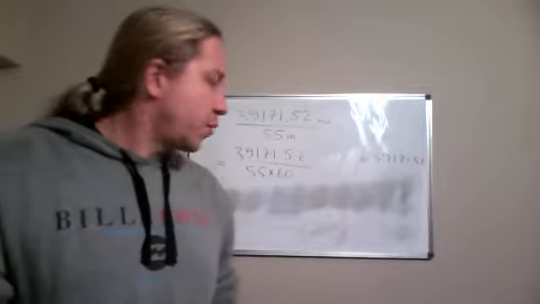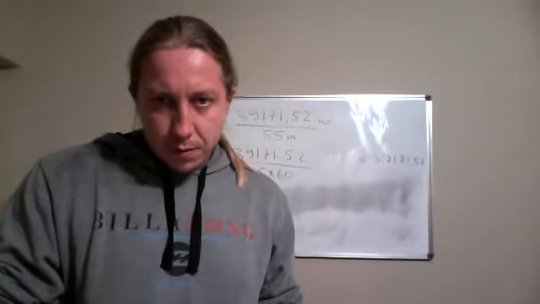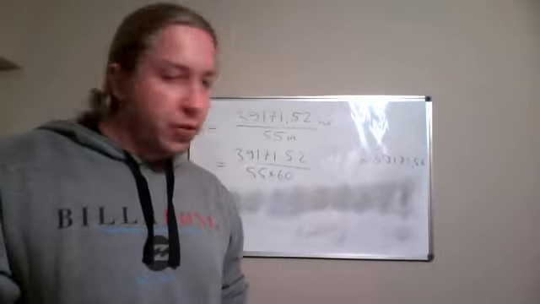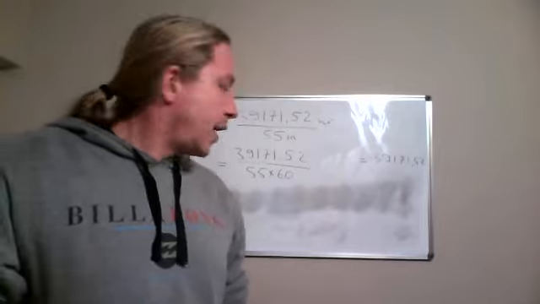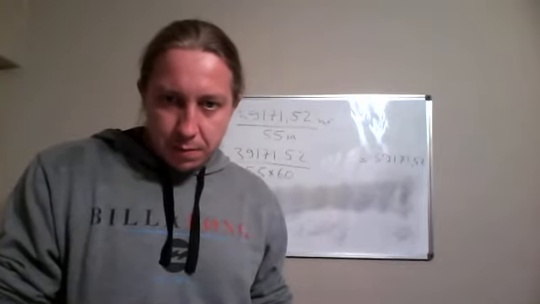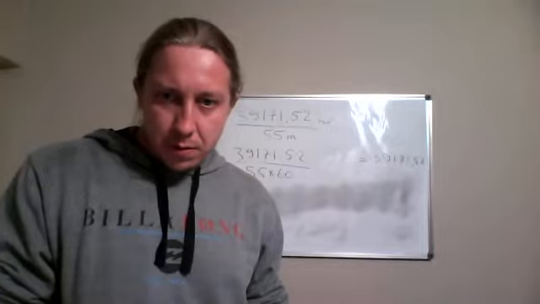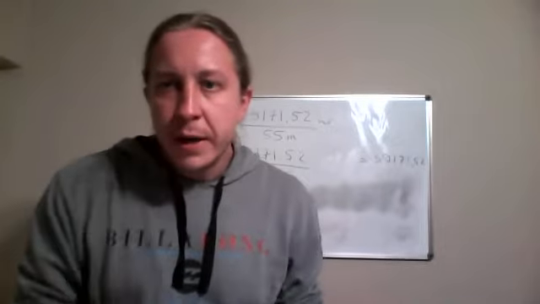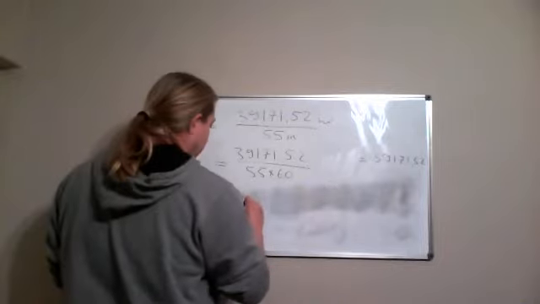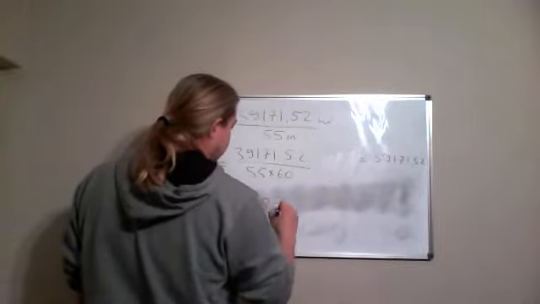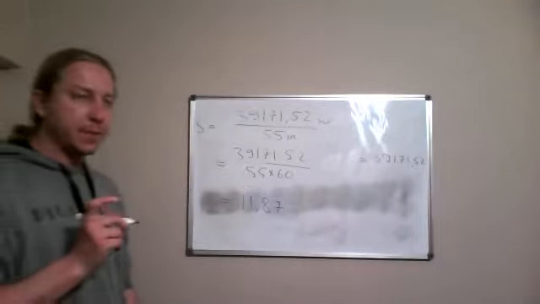So we have 39,171.52 divided by 55 and 60. Okay, so what I get is 11.87. 11.87 what?